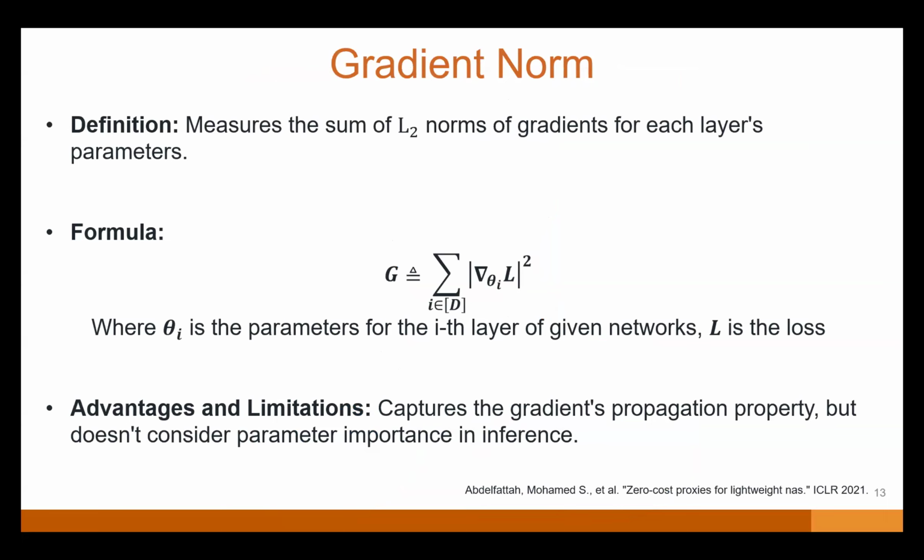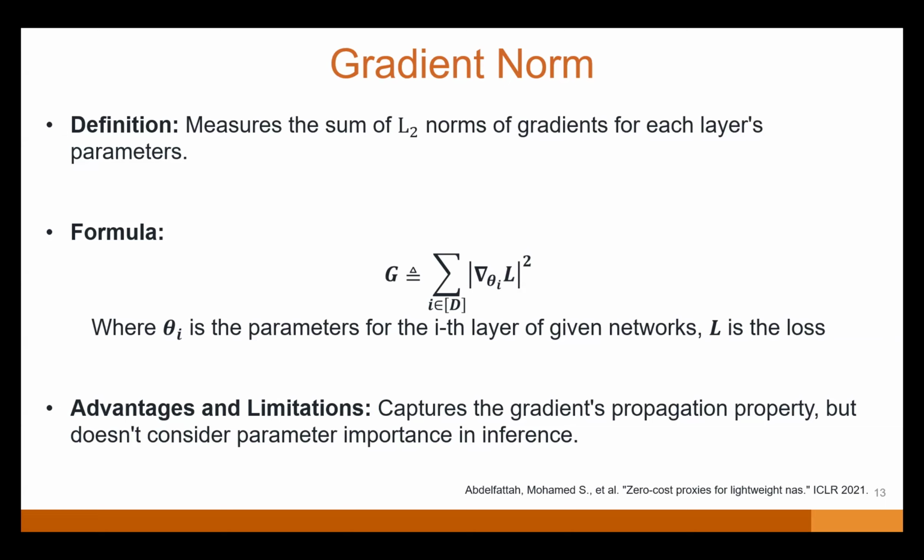So let me start with one of the simplest proxies, the gradient norm. The gradient norm is pretty basic. It measures the sum of the L2 norms of the gradients across each layer's parameters. Here is the formula: you have the gradients of the parameters, theta i are the parameters, and i here is the layer.